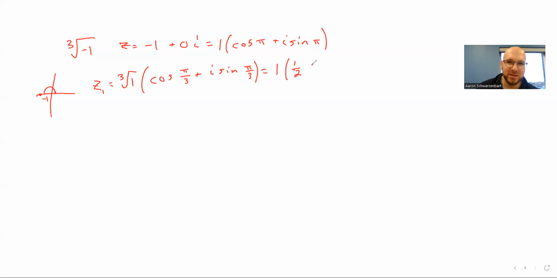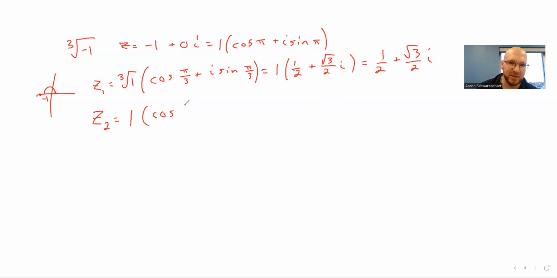Sine of pi over 3 is square root of 3 over 2 i. So here's my complex number, but 1 doesn't really do me anything. Again, cube root of 1, just 1.